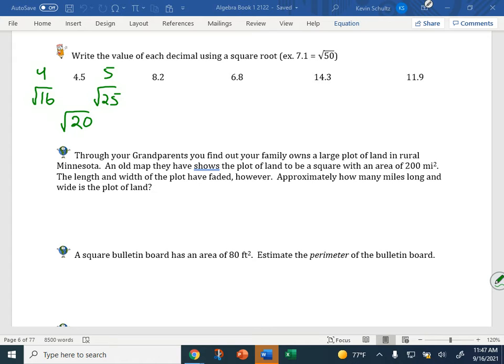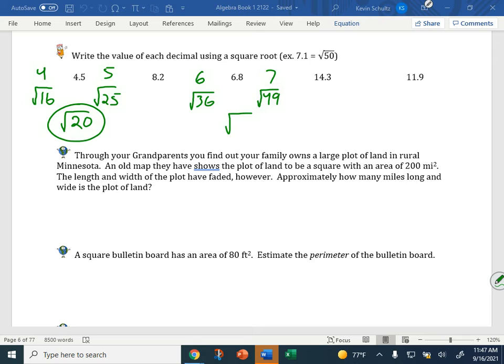How about 6.8? 6.8 is between 6 and 7. 6 is equivalent to the root of 36. 7 is equivalent to the root of 49. 6.8 is almost 7, so our root is going to be almost 49, but what would you estimate that to be? What do you think? You're telling me what root is equivalent to 6.8.